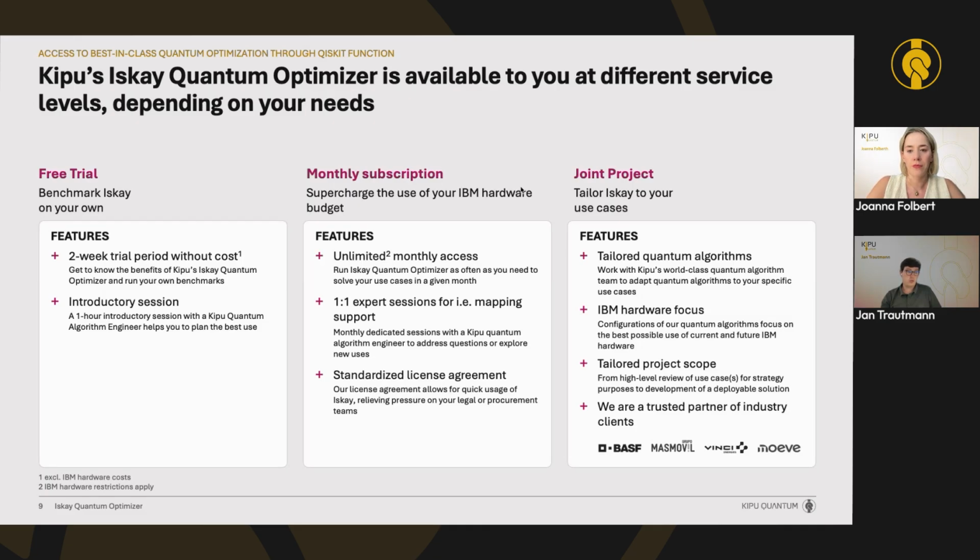And if you would like to dive a little bit deeper, for example, you work in industry and would like support going from the business problem to the actual optimization problem, looking at the size of what you can tackle on hardware, what this means for your business, and which use cases we could tackle, then we also offer to do a joint project, where we tailor our algorithm to the IBM hardware and go deep with you into your individual problems.